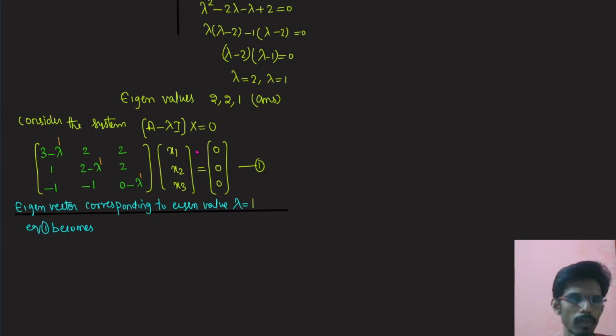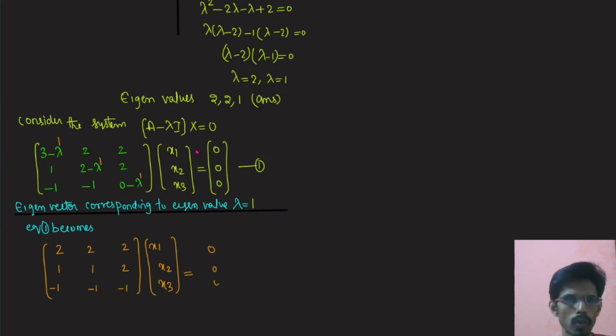So this equation will become 3 minus 1 will be 2, 2, 2. We have 1, 2 minus 1 will become 1, 2. Minus 1, minus 1, 0 minus 1 is minus 1. Times [x1, x2, x3] equal to [0, 0, 0].